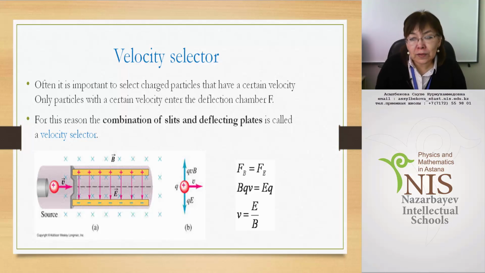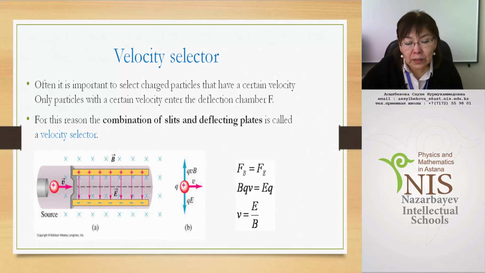The combination of slits and deflection chamber is a velocity selector. A source of electrons or any particles can pass into the region with an electric field between two plates. But at the same time we have a magnetic field.